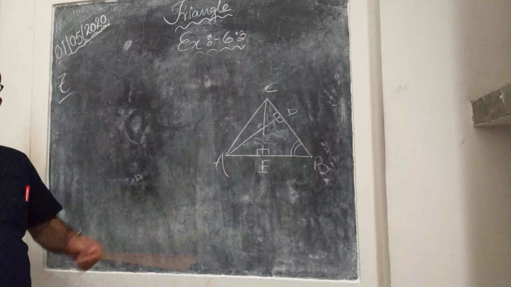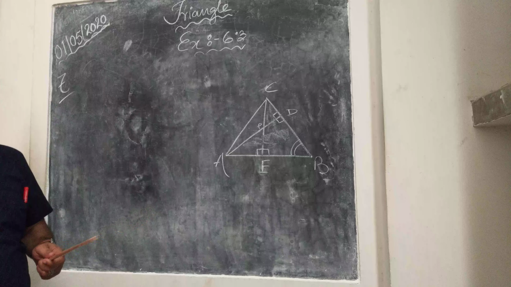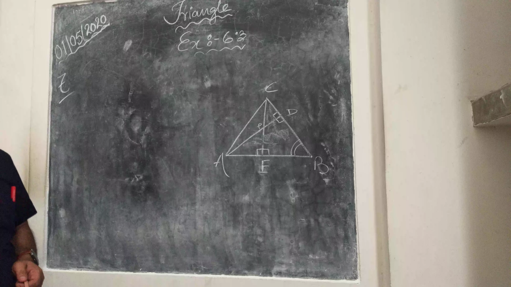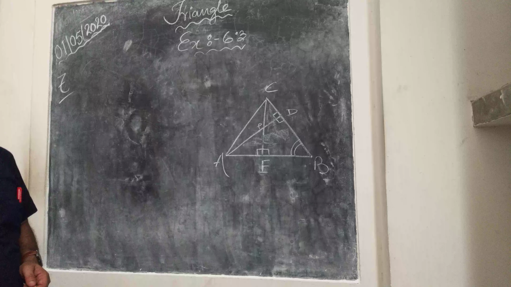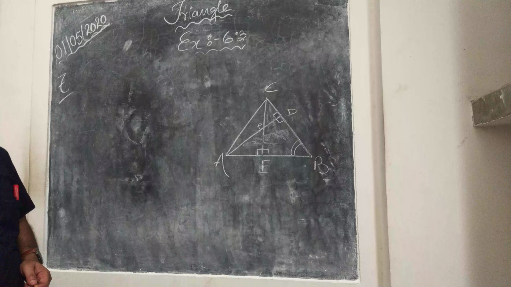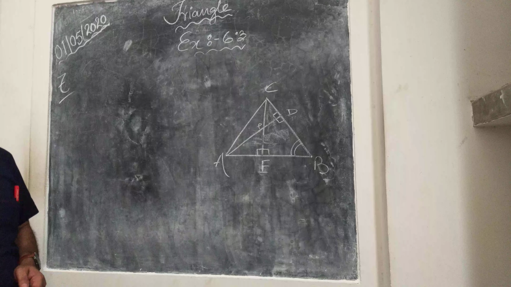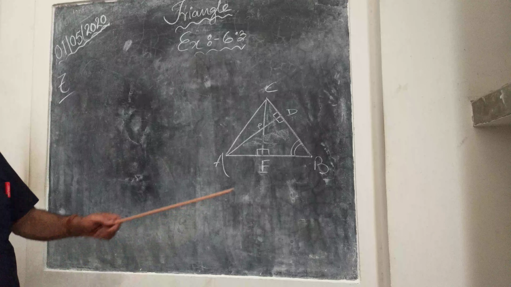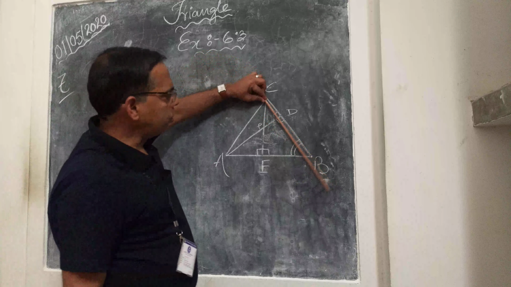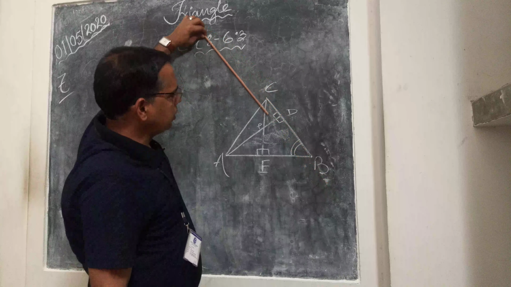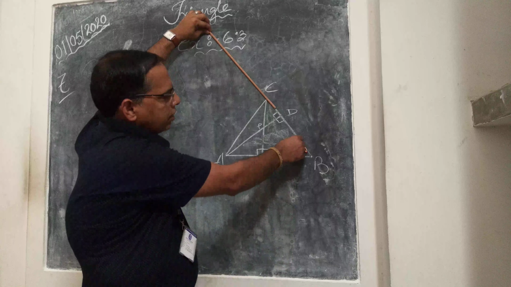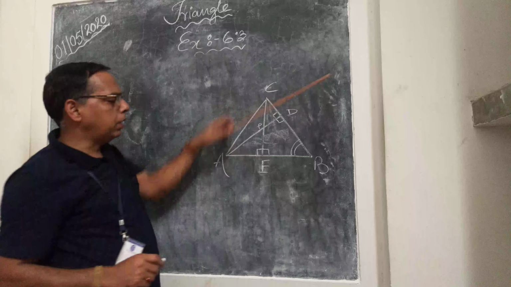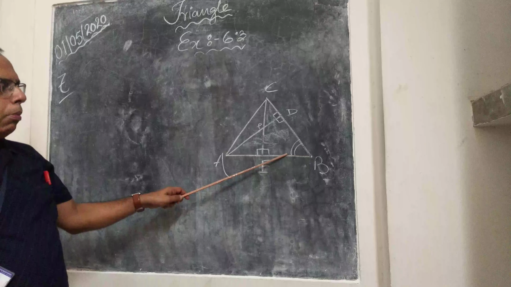See, the measure of the angle will not change if you change the length of the side. Only if there is more or less divergence will the measure of the angle change. Otherwise, no. Suppose I extend this one, then also the measure of this angle is not going to change. It will remain the same. So that means this angle is common to both.